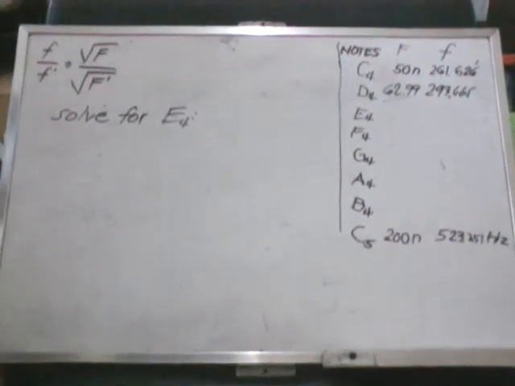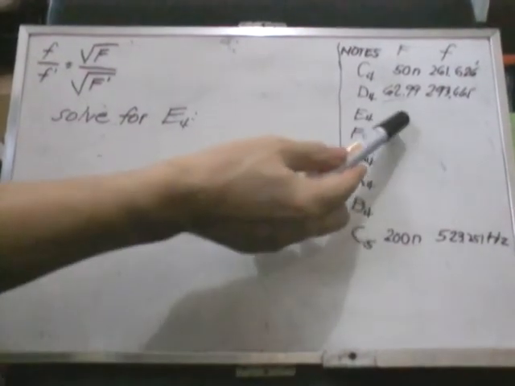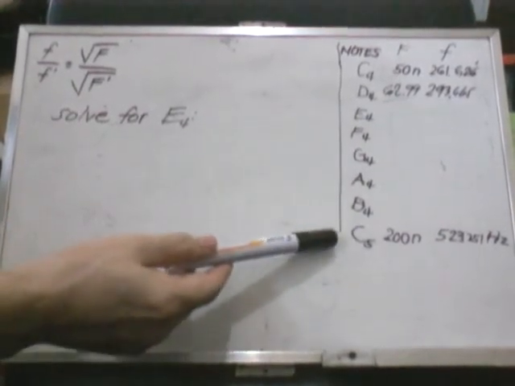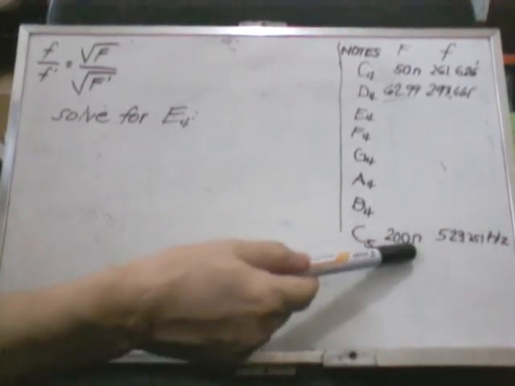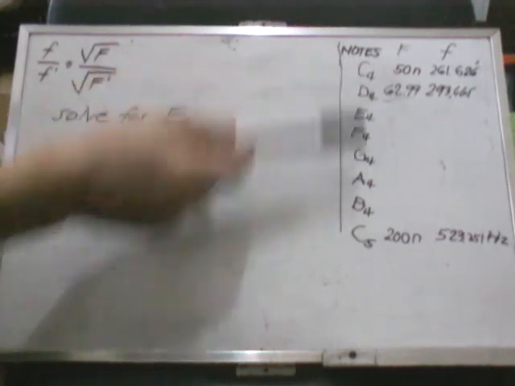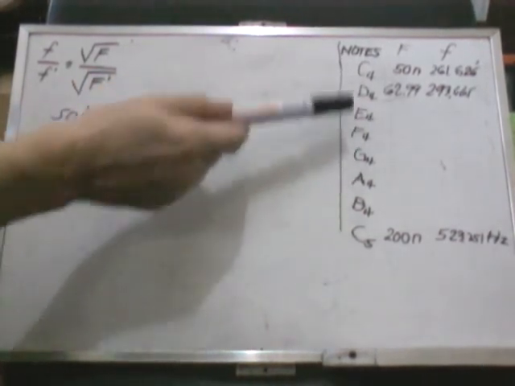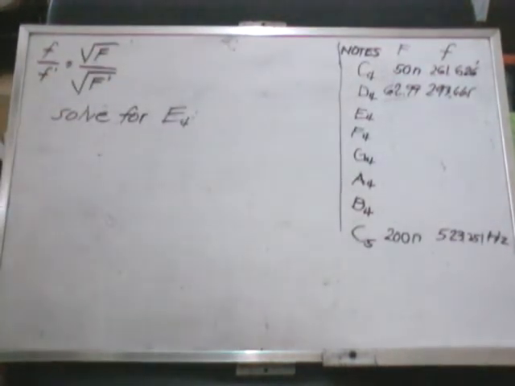Now suppose we want to find the applied force for E4. But this time we will be using the data of C5 here instead of C4. Although we can use C4 or C5 or even D4. Any of the available data will do.